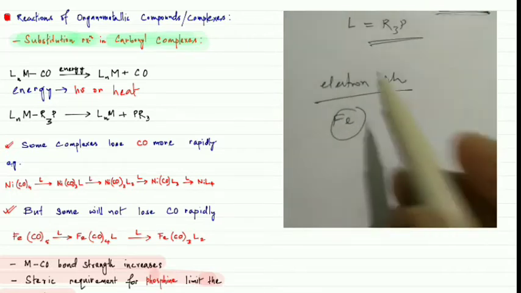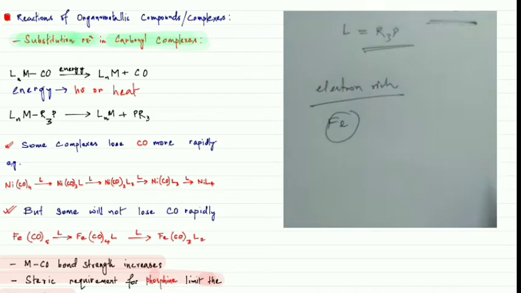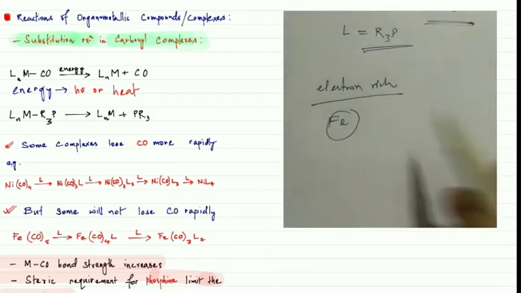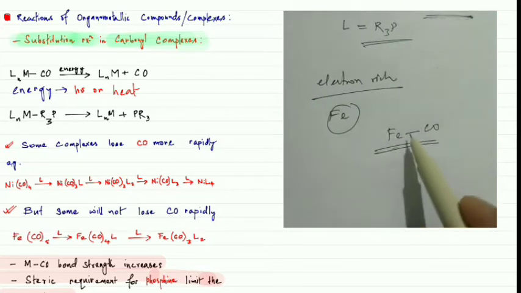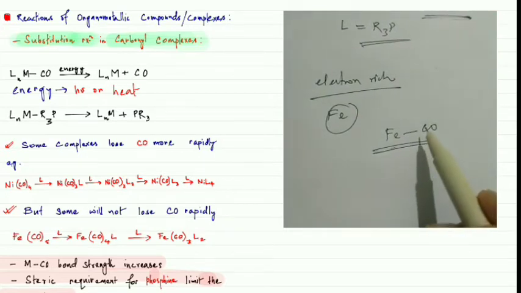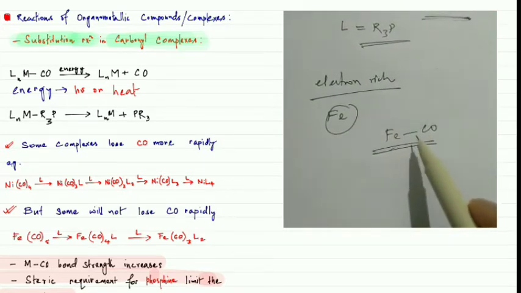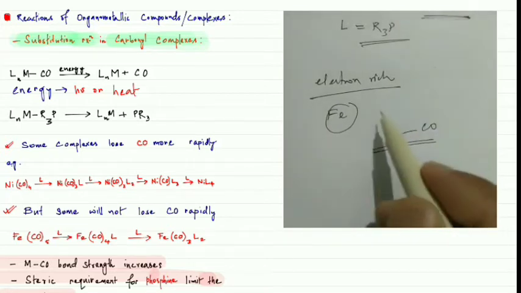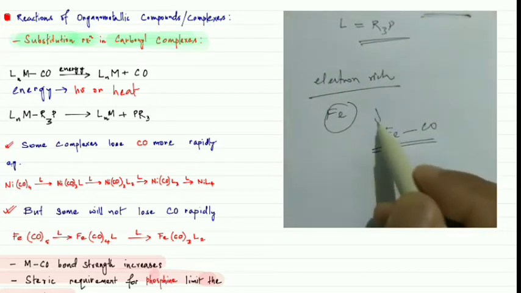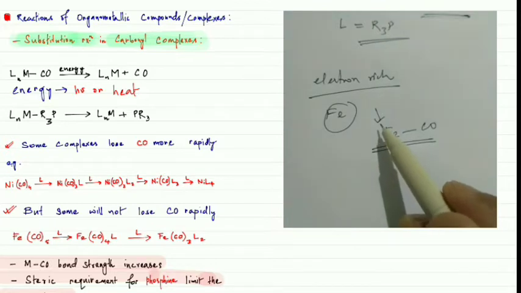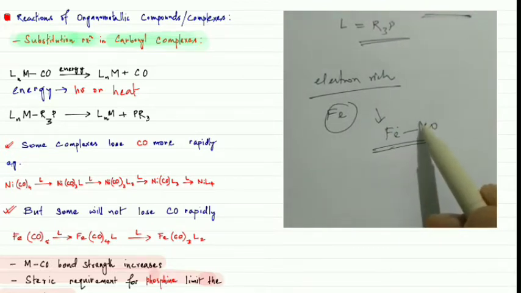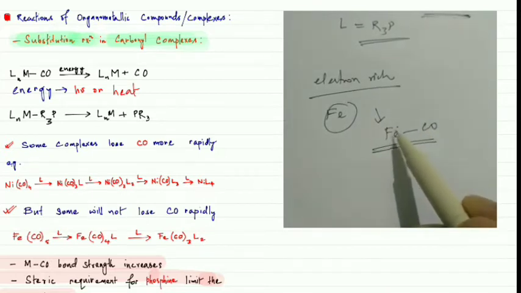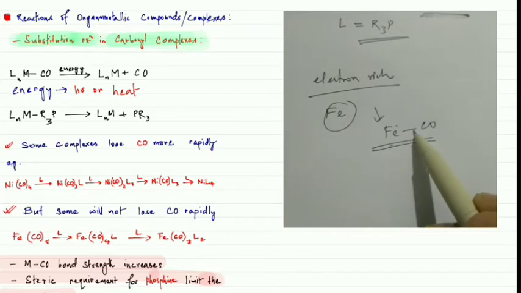We already know that in this bond some pi bonding is occurring, and the bond is strong because of the pi bonding. If the iron becomes more electron rich, it can donate more electron density to the antibonding pi orbital of the carbonyl ligand. That means this bond will become stronger, okay, understand?